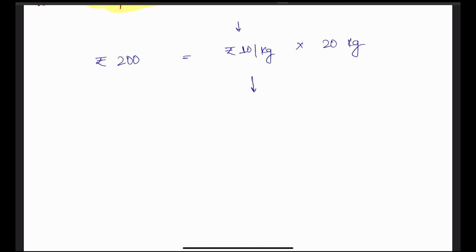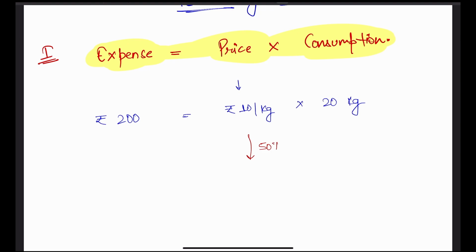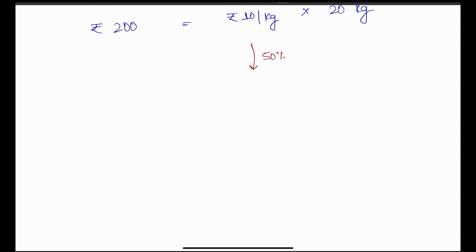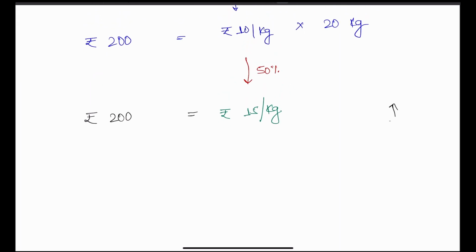Suppose the price of the commodity is increased by 50%, so the new price will be 15 rupees per kg. But my father is saying that he is not going to give me more than 200 rupees, so I need to reduce my consumption so that I can maintain the 200 rupees cap.